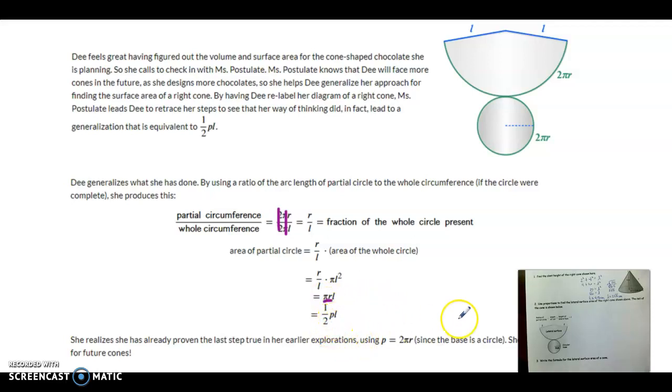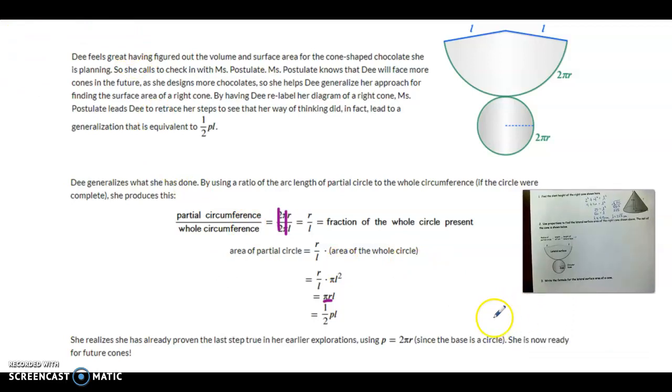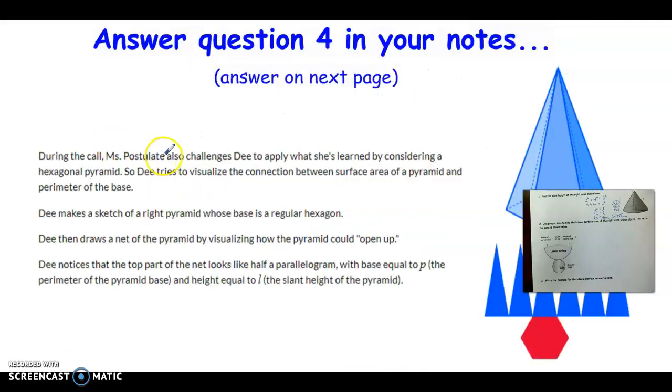So that gives us the 1/2 P times L that we know we are using there. So she realizes she has already proven the last step true in her earlier explorations using perimeter equals 2 pi r, and so now she is ready for future cones.